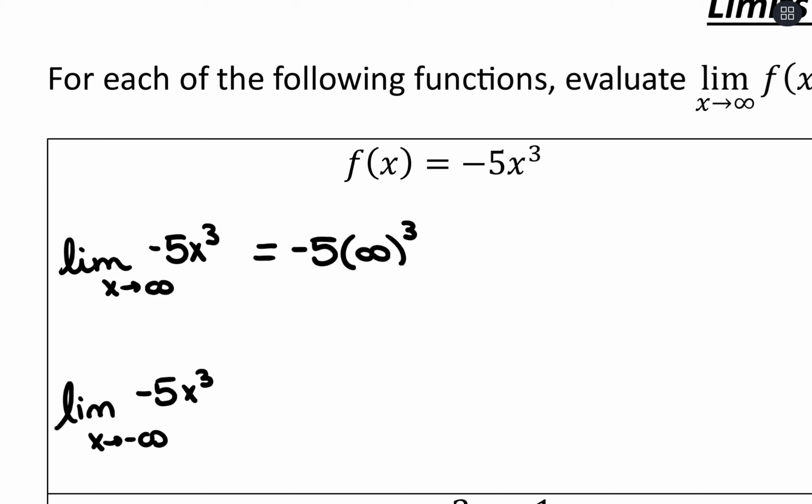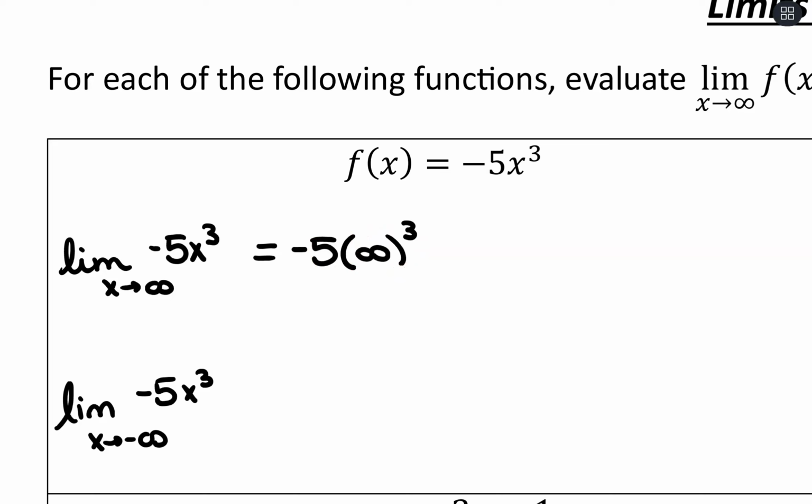Now, if you think of infinity as a vastly large number, this 5 and 3 really don't have much influence. If we're at infinity and we cube it, it's just getting even more infinite, so it's really just still infinity. Multiplying it by 5, still infinity.